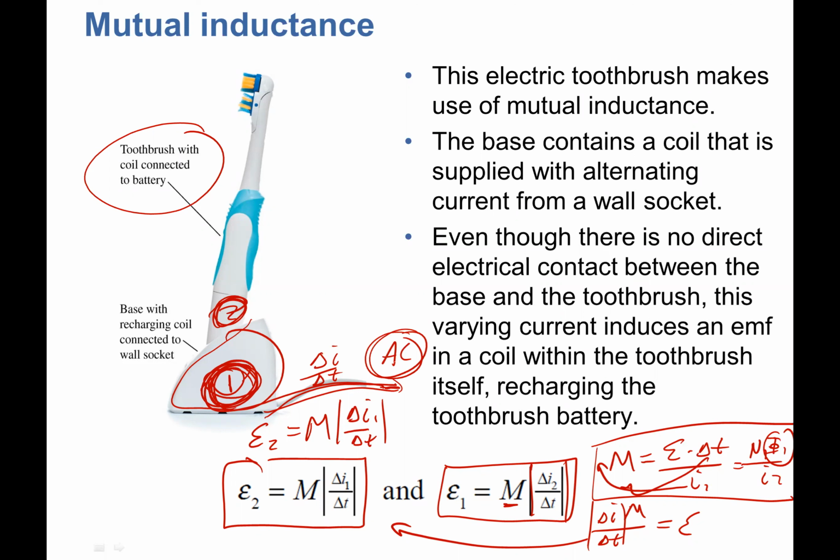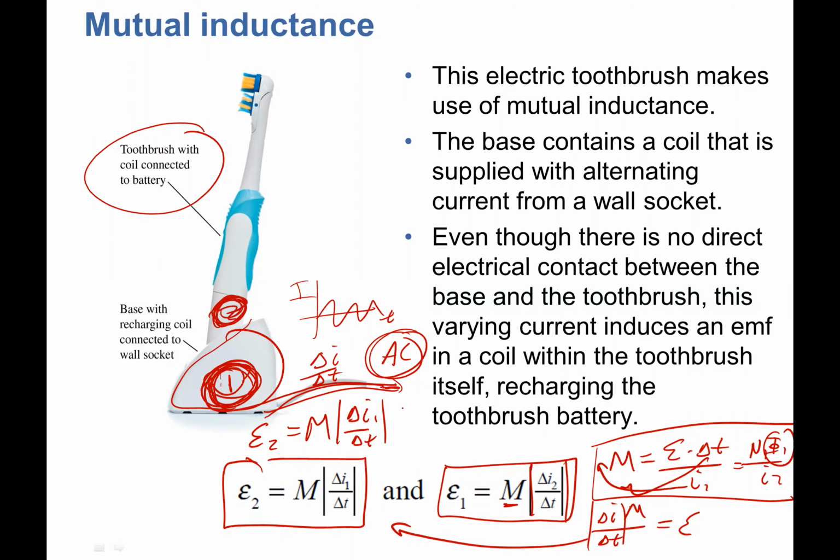An AC circuit changes the current. Our current as a function of time fluctuates back and forth, and that means you have a changing current. A changing current gives you a changing magnetic field. That means you can always induce mutual inductance between the toothbrush and the base. So you just put the toothbrush in the base, and it charges.